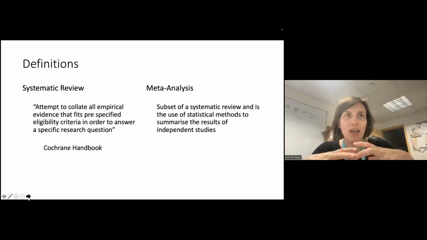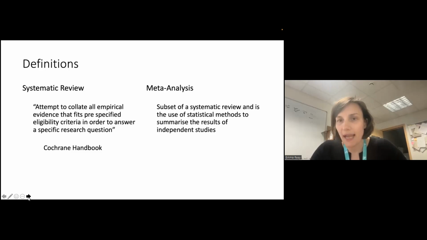It's a way of looking at a lot of information about a subject, collating it together and coming out with an answer, which I'll hopefully explain in a little bit more detail later. Meta-analyses, on the other hand, are a subset of a systematic review, and that actually uses statistical methodology to summarize the results of independent studies using the same statistics.